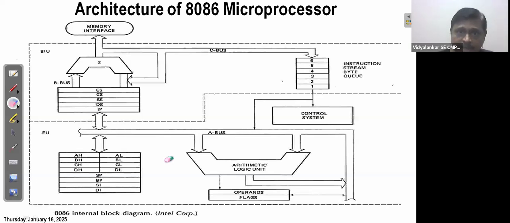We are in the architecture of 8086 and we are at 8 o'clock. So for 1 hour 30 minutes we are working on microprocessor. So you can breathe, you can think, and if you want to ask anything, you can raise the question. My question is, any questions? Please check.